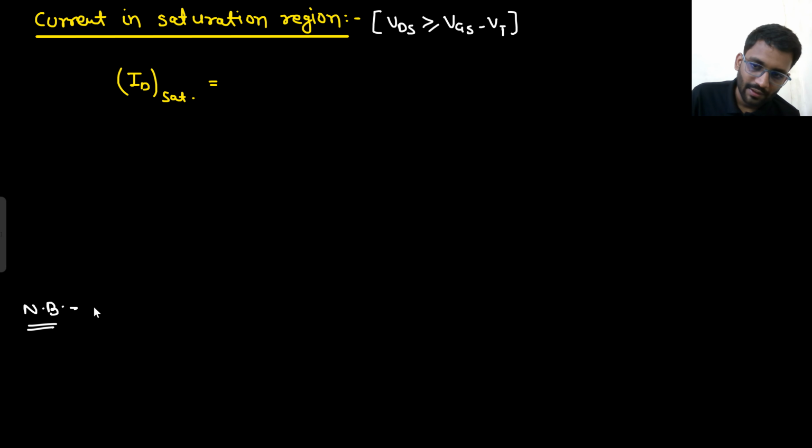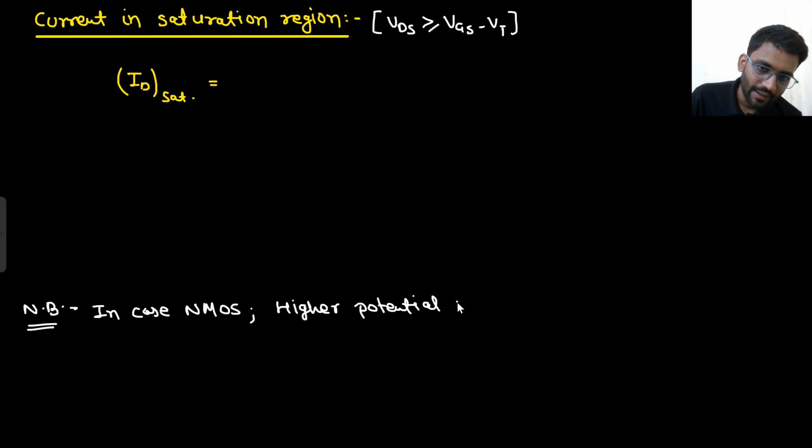What is the note? In case of NMOS, higher potential node is drain, and lower potential node is source.